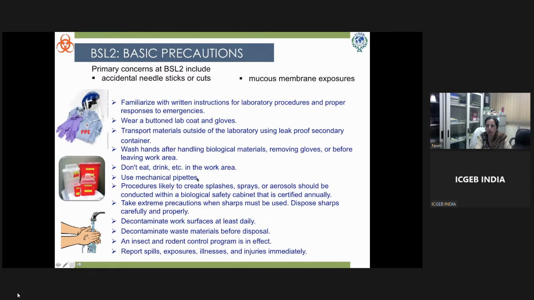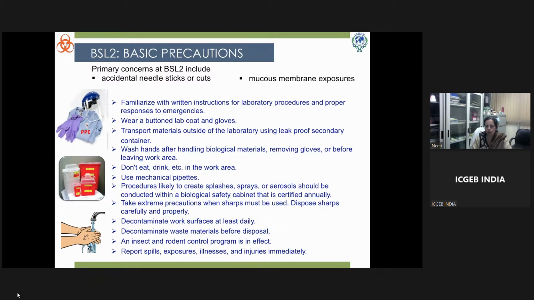Mechanical pipettes should be used as far as possible. Do not use sharps. There should be appropriate mechanisms of disposing sharps in case there are plastic breaks or beaker breaks. Then the set procedures for collecting the glass pieces and decontaminating the area need to be followed.